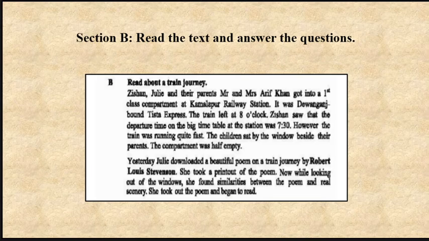Jishan saw that the departure time on the big timetable at the station was 7:30. However, the train was running quite fast. The children sat by the window beside their parents. The compartment was half empty.